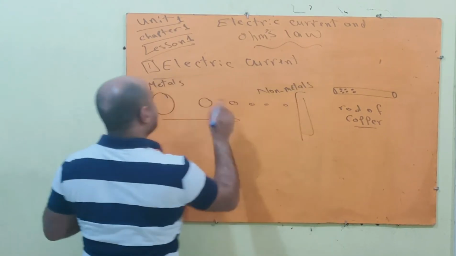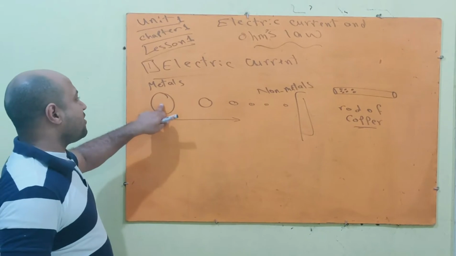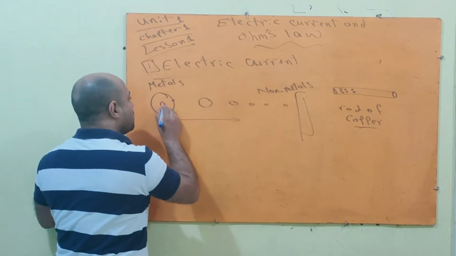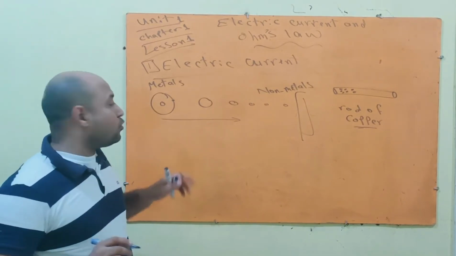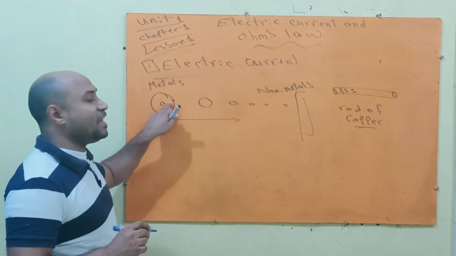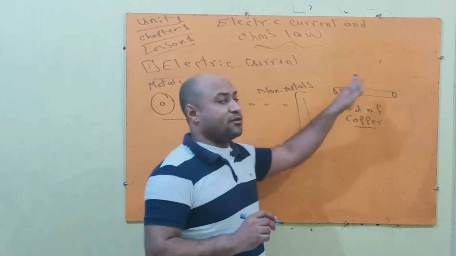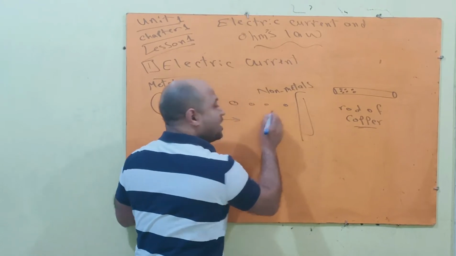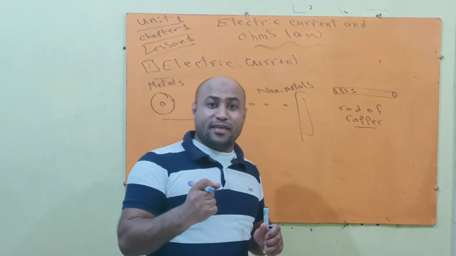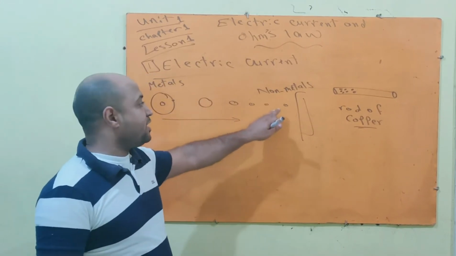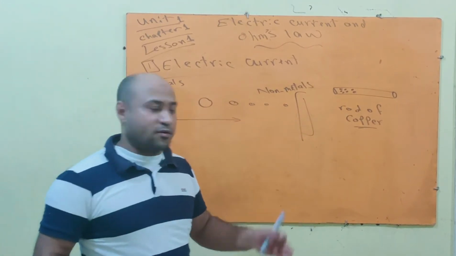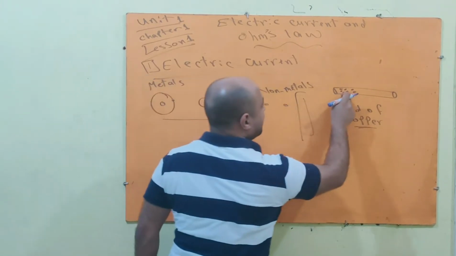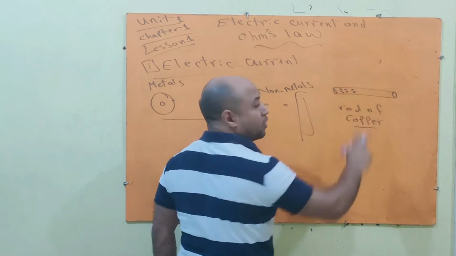What is the difference between metals and non-metals? Metals have large atomic size, which means the outermost electrons are loosely bonded to the nucleus. So they have free electrons that can move from one atom to another. While non-metals have very small atomic size, so the outermost electrons are strongly bonded to the nucleus of the atom, and they can't move from one atom to another. So metals are characterized by the presence of free electrons that can move from one atom to another.